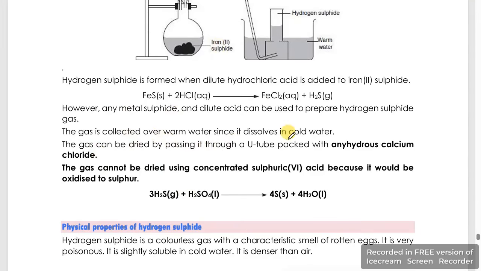If you want it dry, you pass it through anhydrous calcium chloride. You cannot use concentrated sulfuric acid in this case to dry this gas, because concentrated sulfuric acid will oxidize hydrogen sulfide to sulfur.